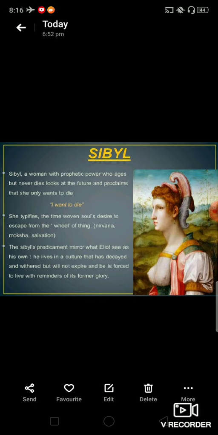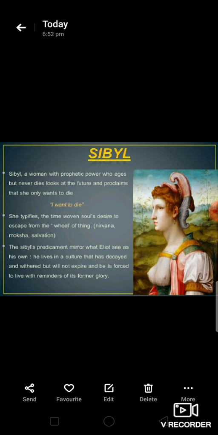See the irony with her: she gets older and older, but she does not die. She looks at the future and proclaims that she only wants to die. And see the irony of this myth, the mythological person, the Sibyl.